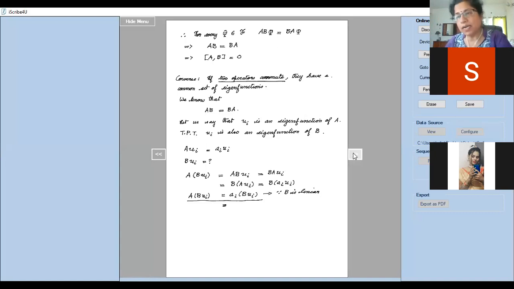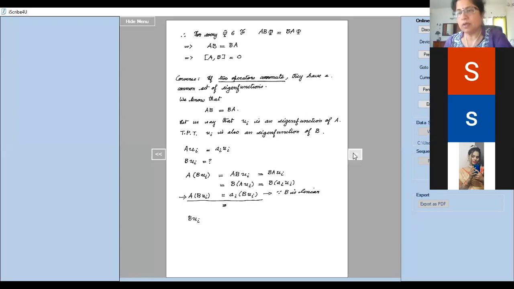All right. So what does this actually tell you? Please look at it carefully and you will realize this is nothing but an eigen equation for A. What is the eigenfunction here? It is B ui. What is the eigenvalue here? It is ai.